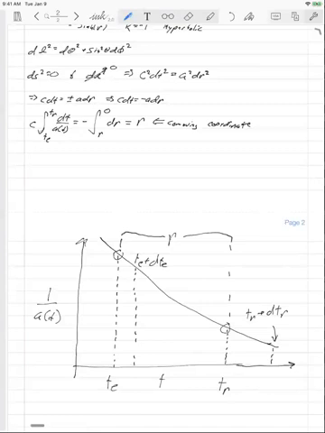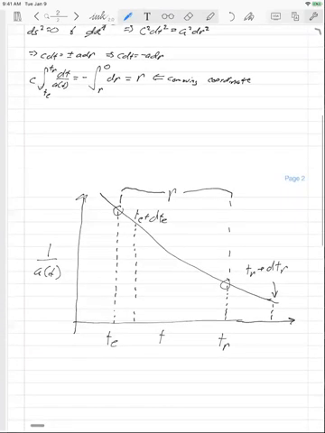We're going to use this diagram to relate dTE to dTR. And you see that we have an area here. We have moments marked by when the photon is emitted and when it is received, both a little bit after the first emission and a little bit after the first received photon.